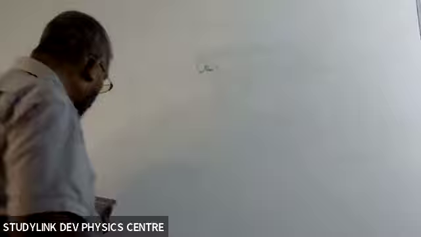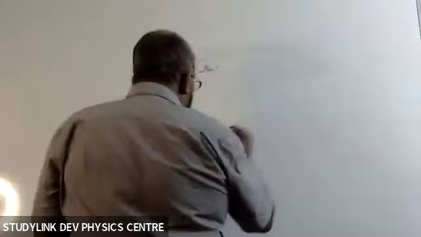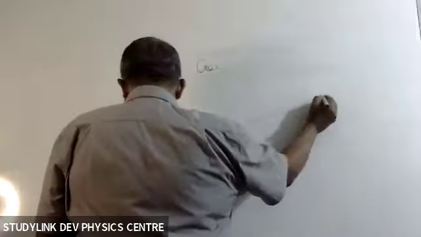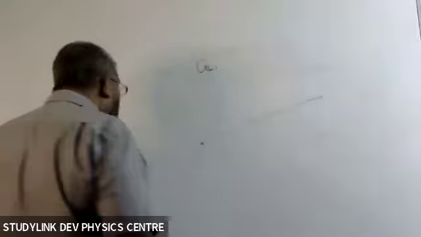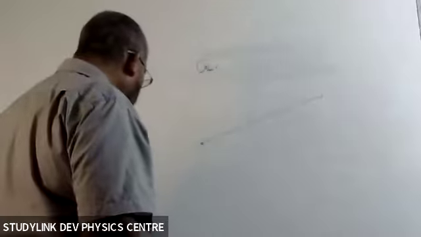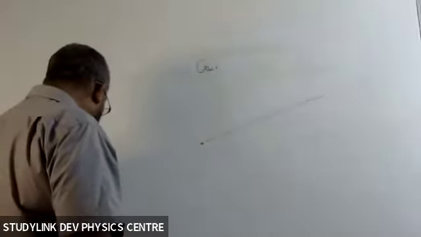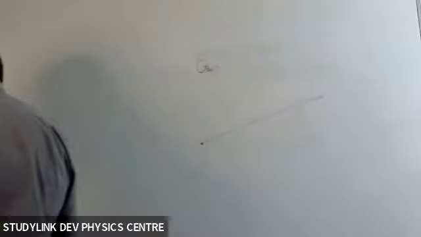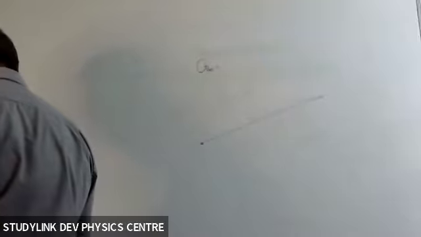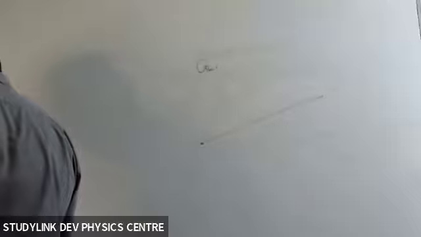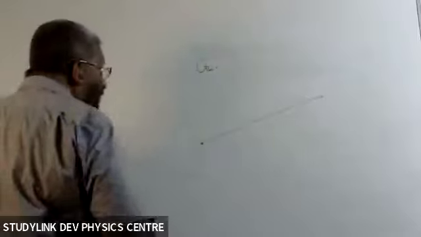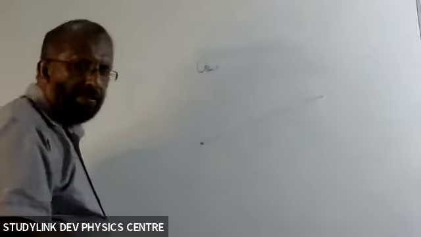That means a vector can be represented by a straight line.